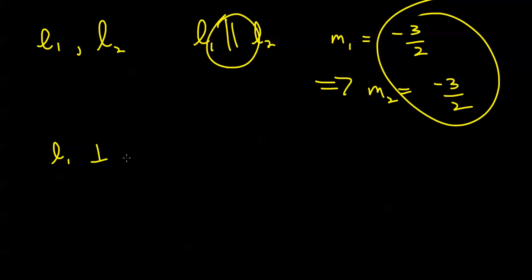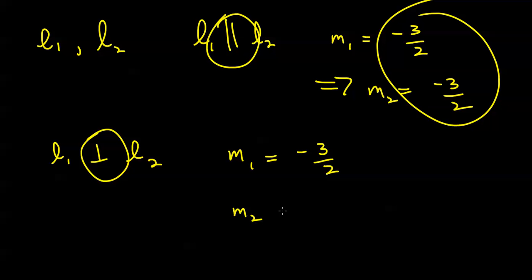Let's say I've got two different lines, L1 perpendicular to L2. This notation means the lines are perpendicular to each other. If line 1 has a slope of minus 3/2, what's the slope of line 2 going to be? Well, remember, perpendicular lines have negative reciprocal slopes.